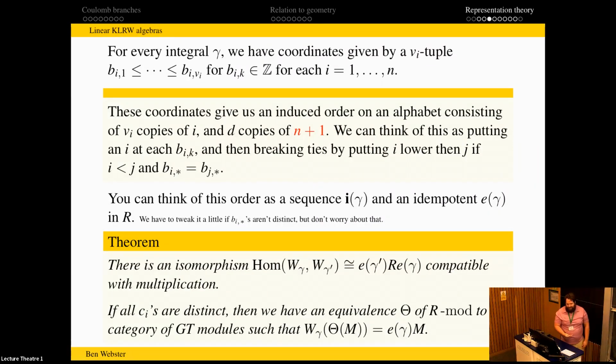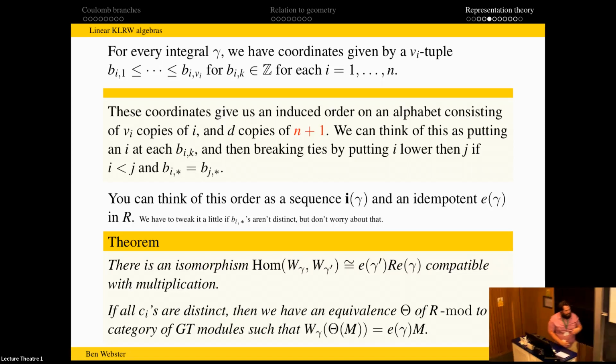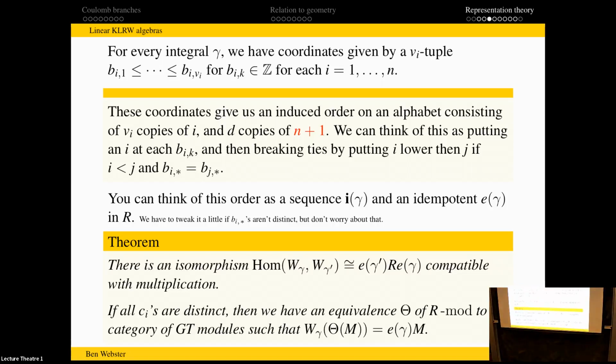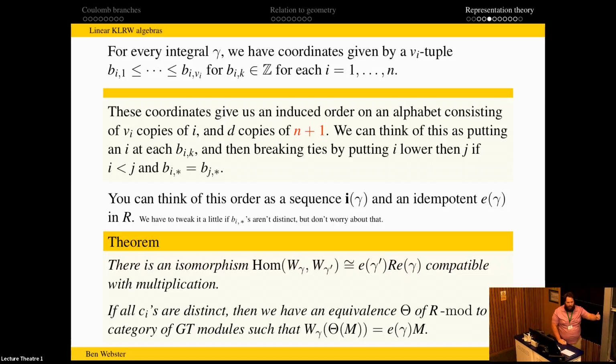But if they're different, every diagram gives you a map from one to the other that's natural in modules. And in fact, if all the c_i are distinct, we get an equivalence of categories between modules over this ring R and the category of Gelfand-Tsetlin modules for the W-algebra.